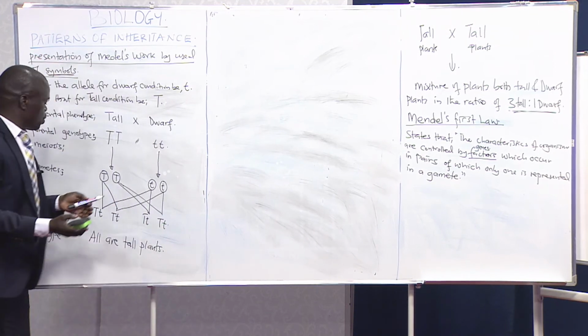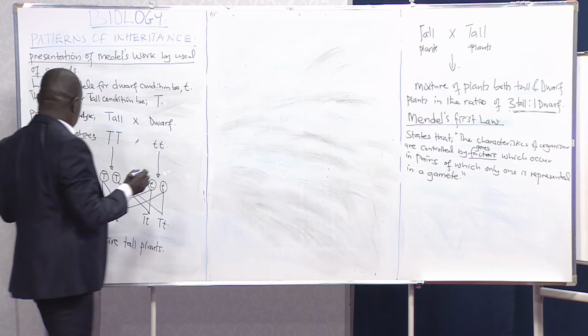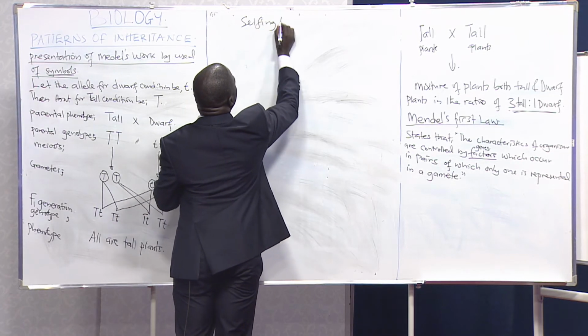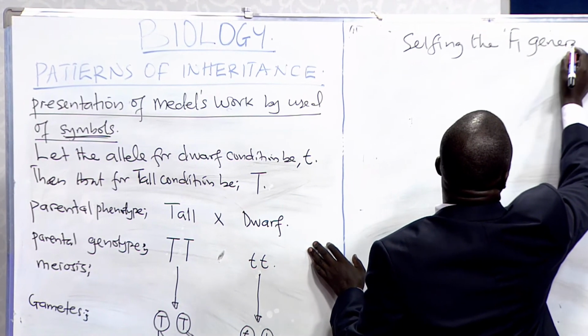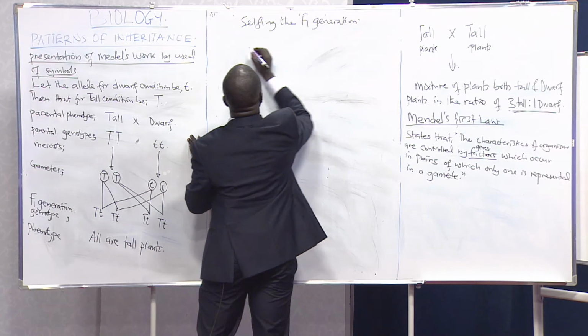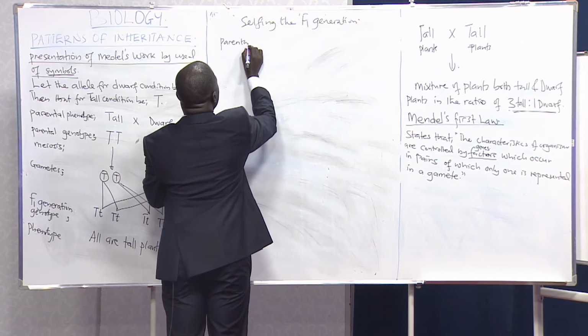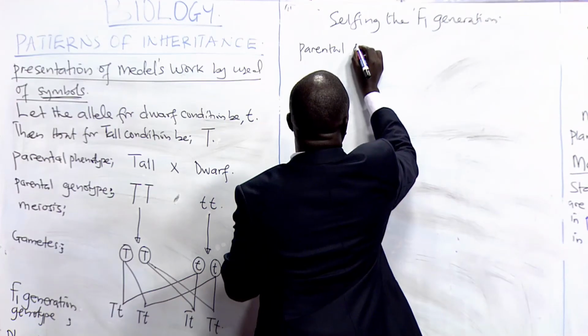We are going to self the plants here, selfing the F1 generation. We have the parental genotype and phenotype first.